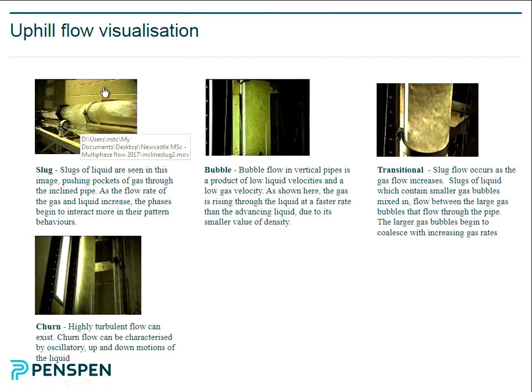So that's the bubble flow. Should we try the churn one? I think you just have to wait.